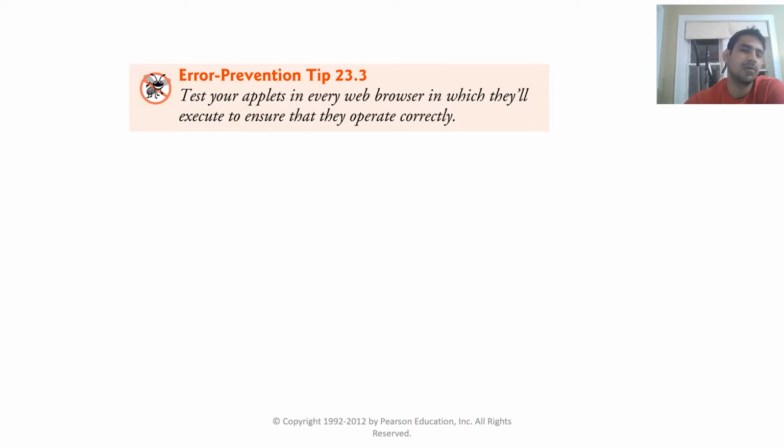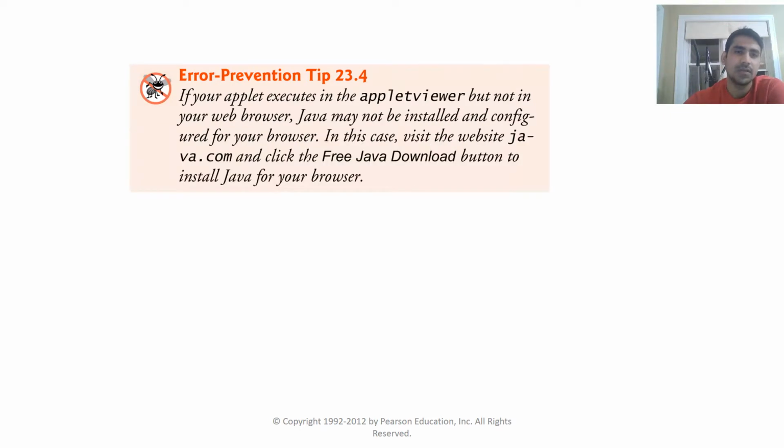run our applications well. So if your applet executes in the applet viewer but not in your web browser, Java may not be installed and configured for your browser. In this case, we need to visit java.com and click the free Java download button to install Java for your computer.